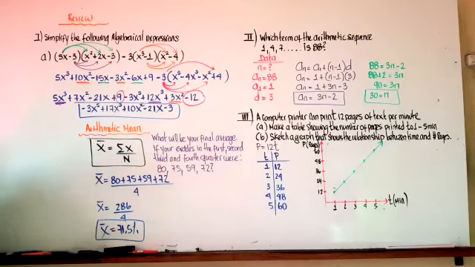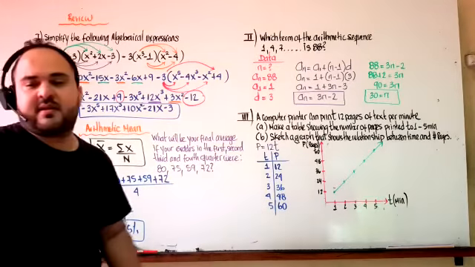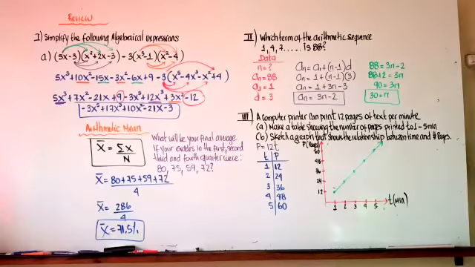So for the exercise that I told you, we need to add the three numbers: 68 plus 78 plus 80, and divide by 3, if I remember. Let me see the problem.